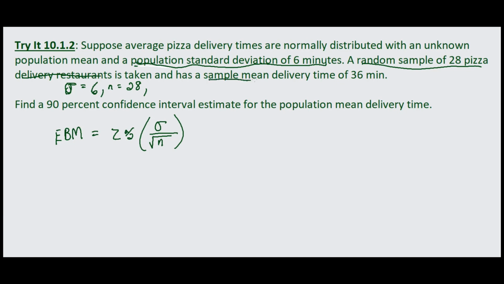And then a sample mean delivery time of 36 minutes. So we know that the sample mean, or x bar, if we want to call it that, is 36 minutes.